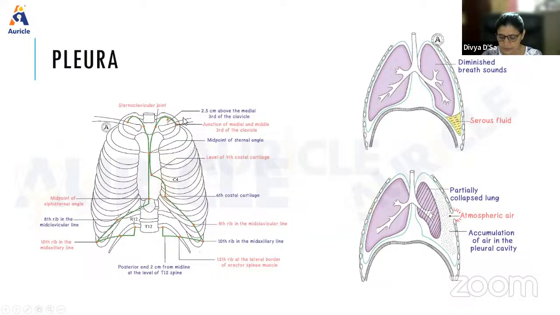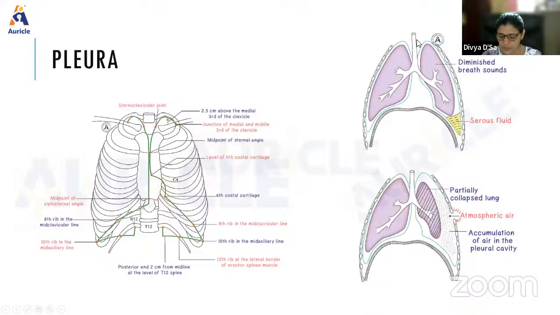And 5 centimeters above the first costal cartilage. This is the first costal cartilage. It will be about 5 centimeters from here. The cervical pleura is also called the cupola, and it covers the apex of the lung.